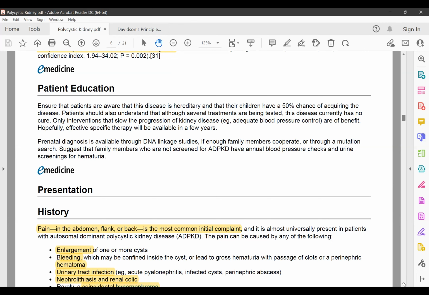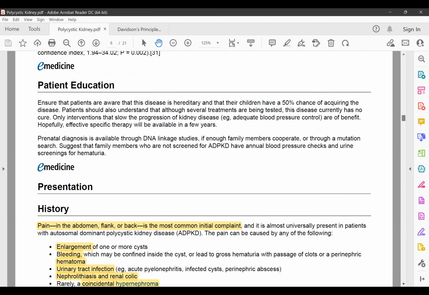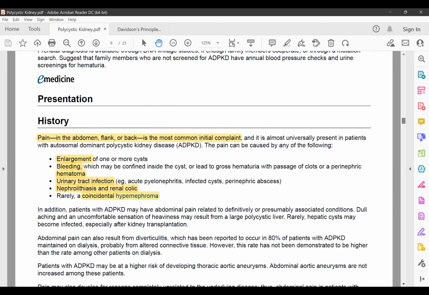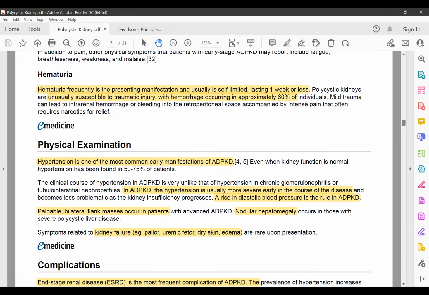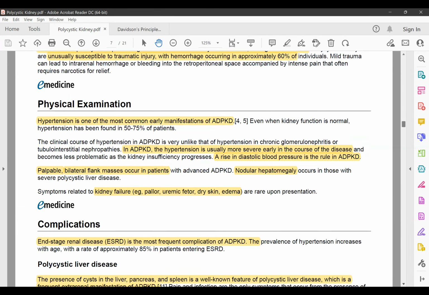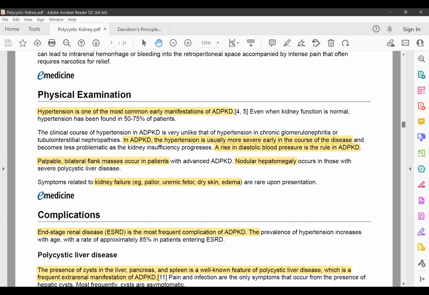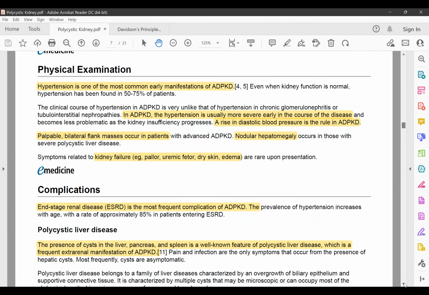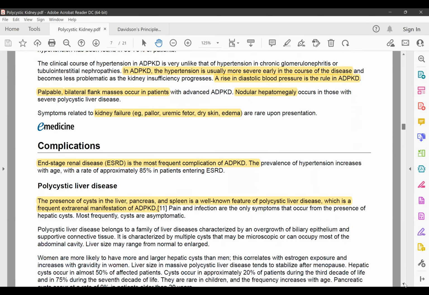Pain is mostly due to enlargement, bleeding, infection, nephrolithiasis or coincidental hypernephroma. Physical examination: hypertension and palpable renal mass, diastolic blood pressure very important. You have to examine the liver, particularly in women, and there will be nodular hepatomegaly. Symptoms of renal failure must be looked at.